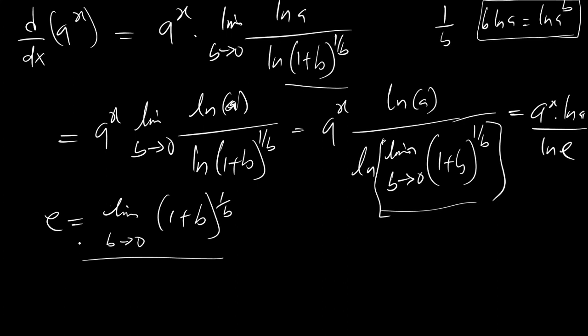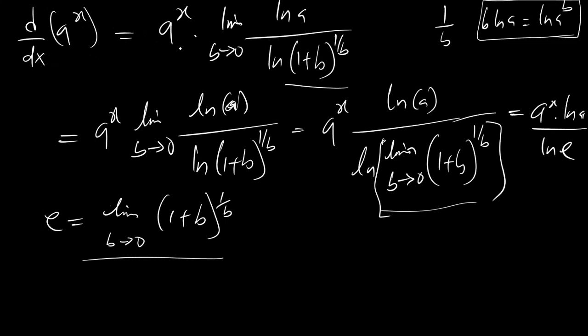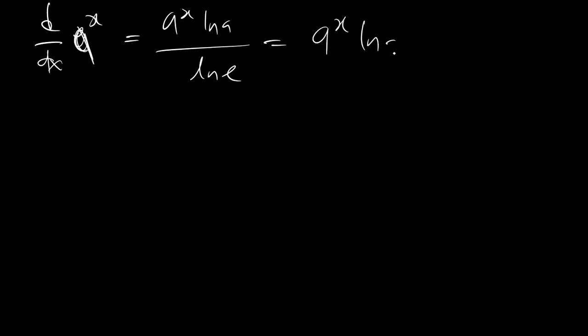So from here, the derivative of a raised to power x will be equal to a raised to power x ln a all over ln e. And ln e is equal to 1. So the final answer is a raised to power x ln a. So that is the final answer.